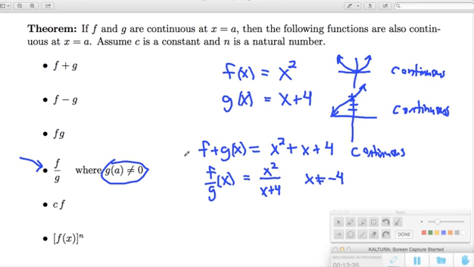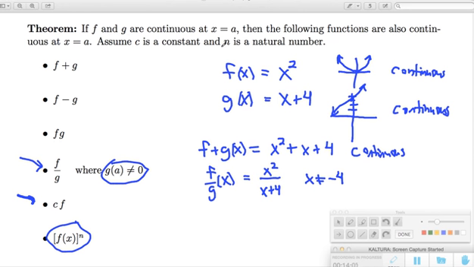The next condition on the list is that you can multiply by a constant and still have continuity, so that saves you work. If all you're doing is multiplying by a constant, there's no problem. You can also preserve powers of the function.